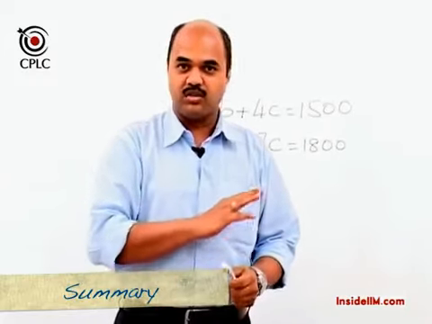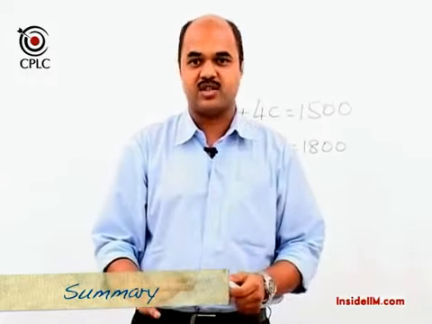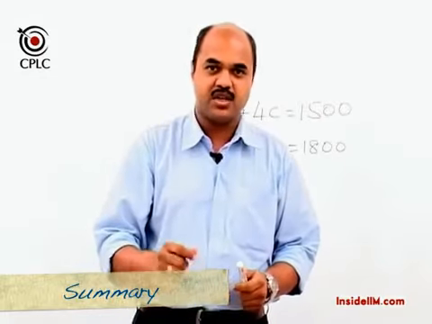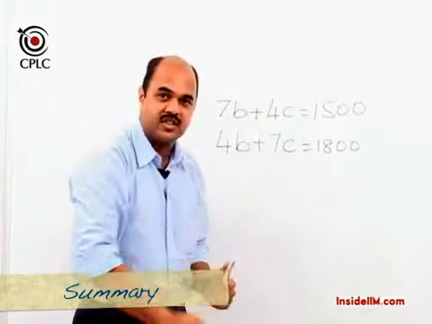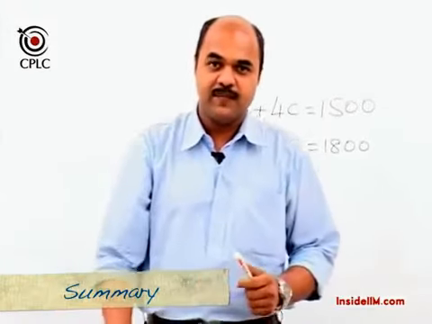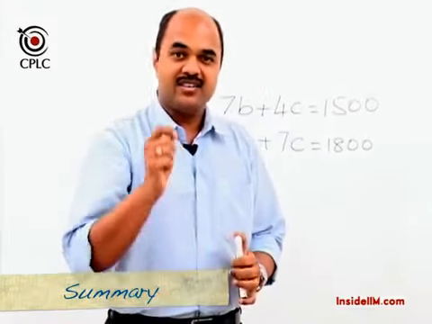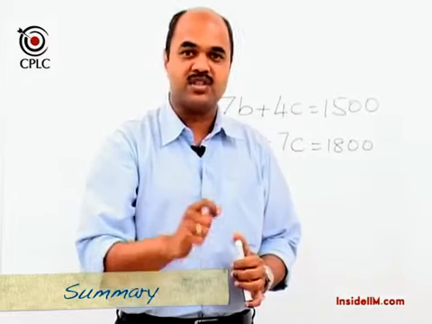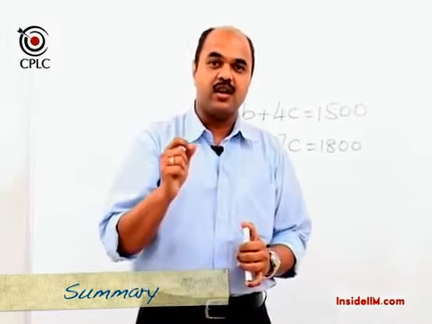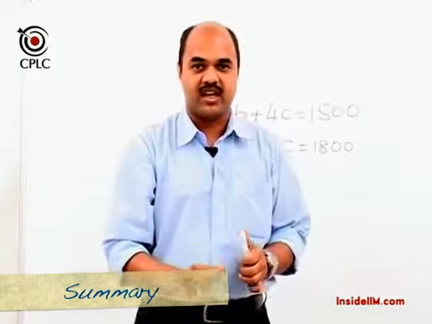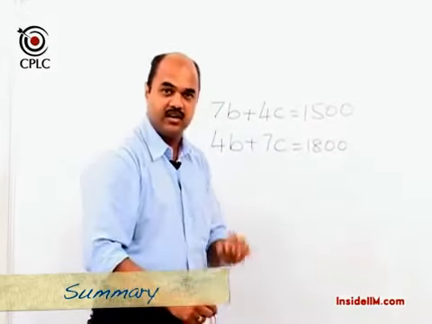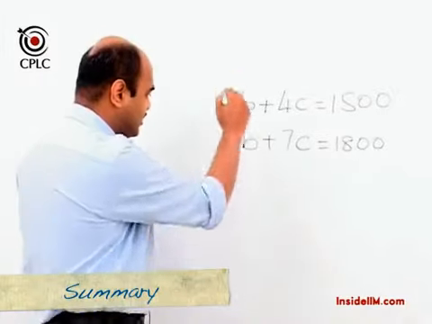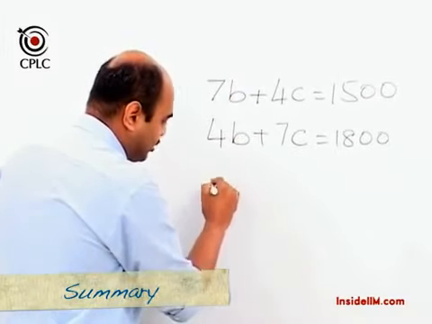But please note, we don't need to do anything of that sort here, because the question asked is not the value of B or the value of C. The question asked is, if I have to buy the same number of books and CDs, what is the largest possible number that I can buy with the given amount that I have, which is 1500. And the simplest way of solving this, let's just add the 2 equations.